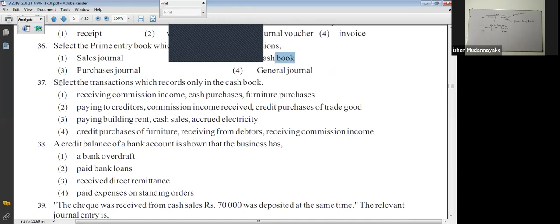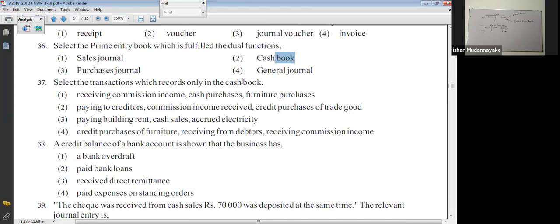Look at question number 37. Select the transaction which is recorded only in the cash book. Already we discussed transactions recorded in the cash book. Right, then what is the answer? This is again a transaction recorded in the cash book.